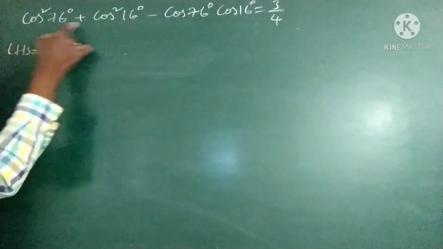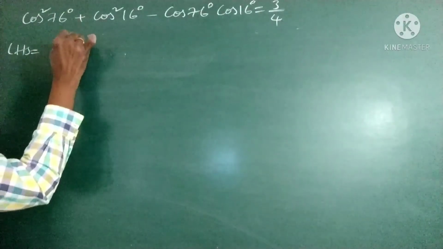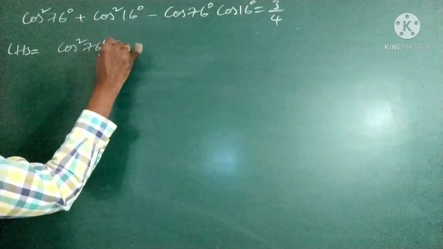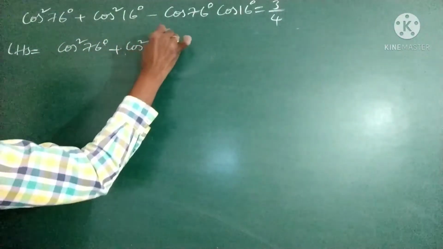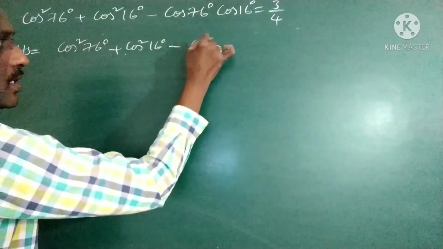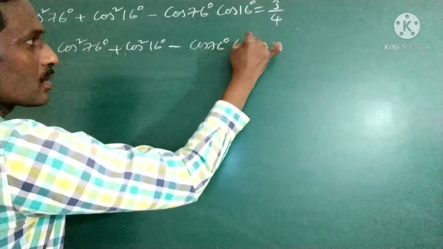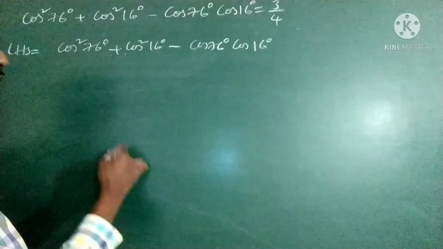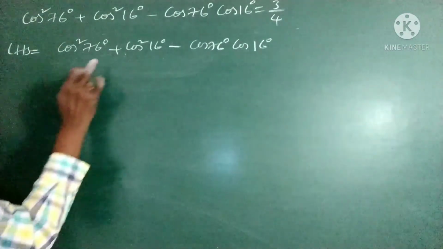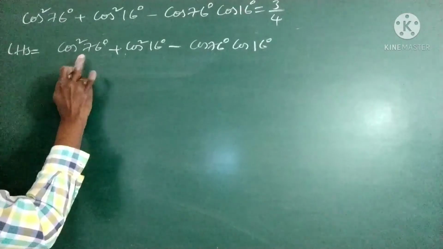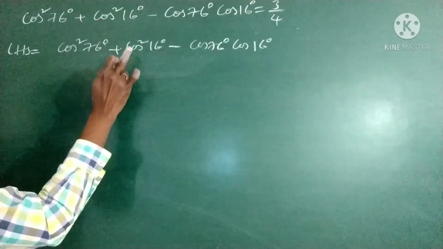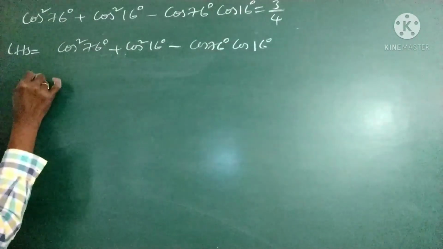LHS is equal to, the problem given, cos square 76 plus cos square 16 minus cos 76 into cos 16. So here square functions are there, so cos square is one function, next should be minus sin square. So let us convert this into the sin square function.